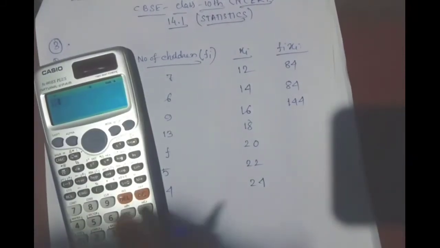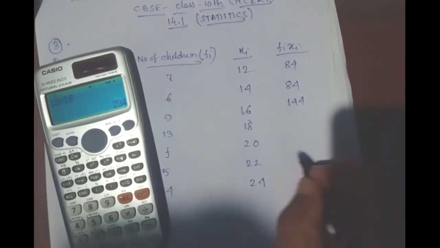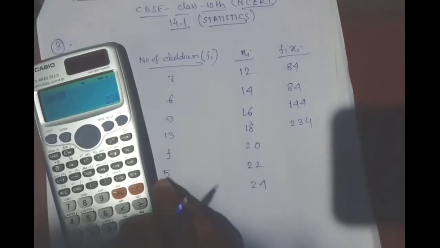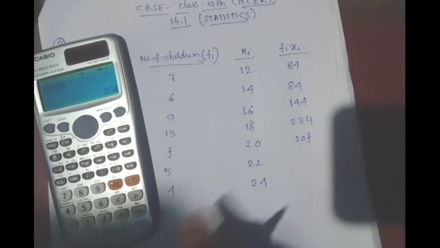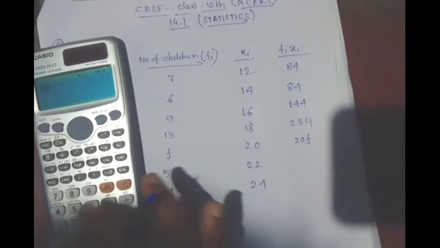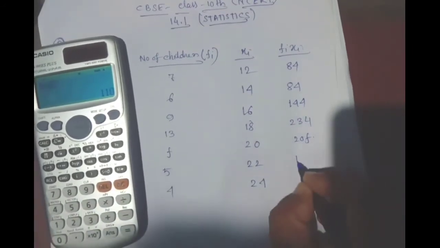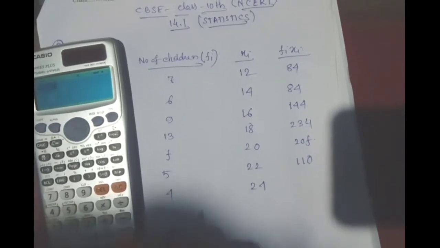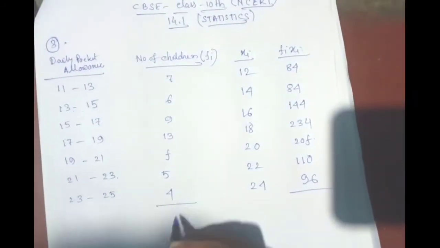Next, 13 into 18 means 234. Next, f into 20, so this will be 20f. 5 into 22 is 110. 4 into 24 is 96.